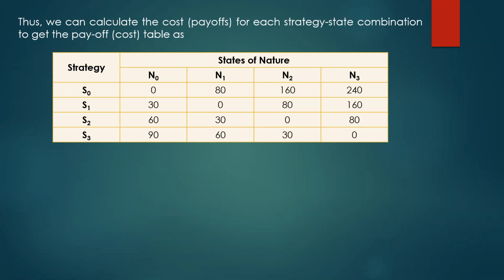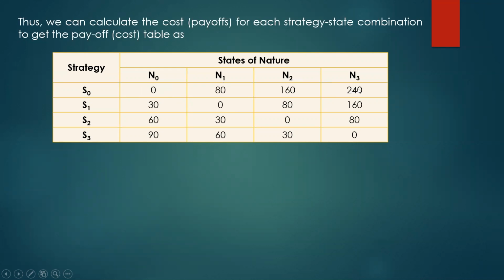I will prefer using the other strategy. The other strategy is to find the maximum payoff in the matrix, which is, I think, this 240. This is my maximum. Subtract all the other payoffs from 240, so for the first one, 240 minus 0 will give me 240.